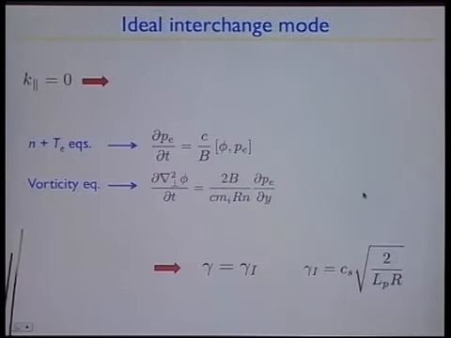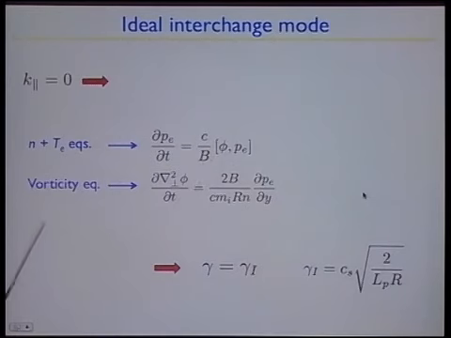So just a little bit of algebra. Let's start with the low n case, where one observes k parallel equal to 0 turbulence, which is an ideal interchange mode. How can we describe it? Well, we have an equation for temperature and density, which we can sum up at the leading order terms. They're reduced to the convective term.